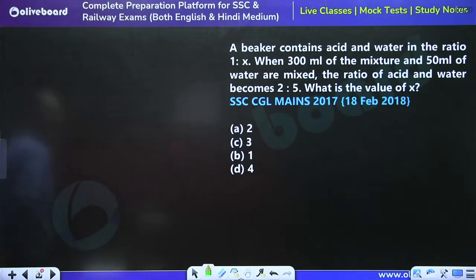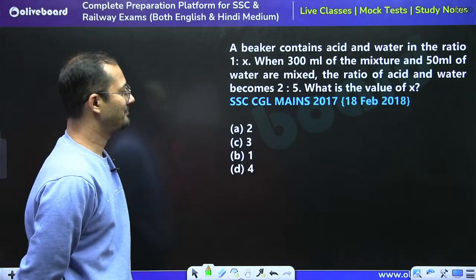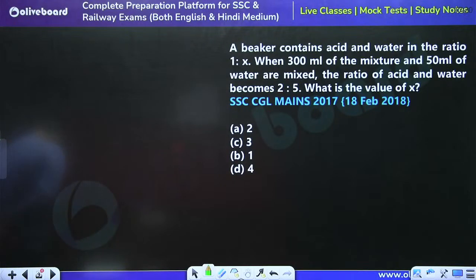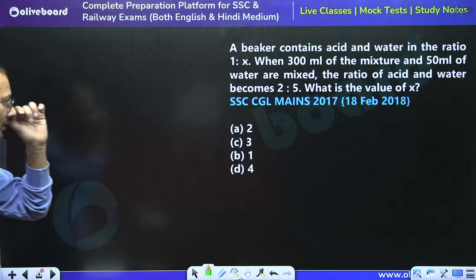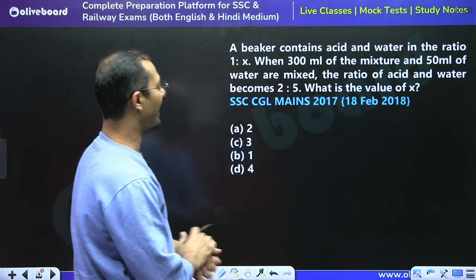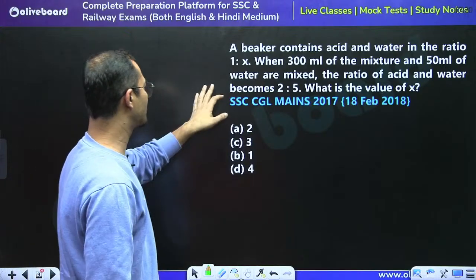Sorry for hiding the question. The question says a beaker contains acid and water in the ratio 1:x.